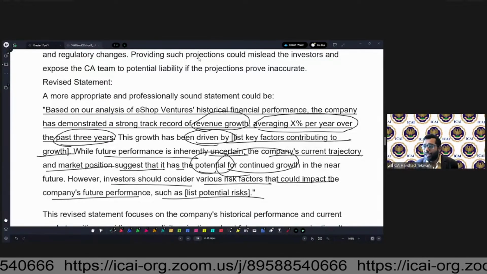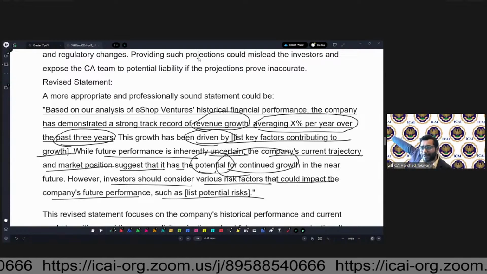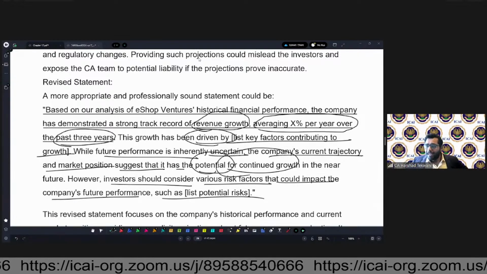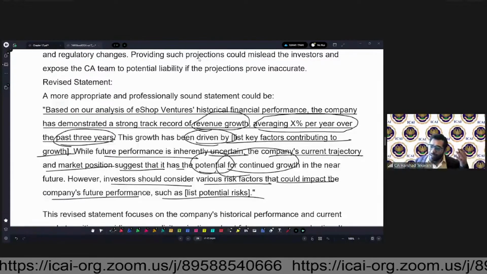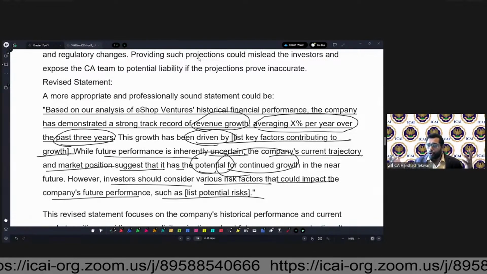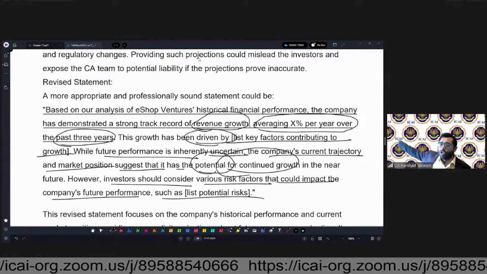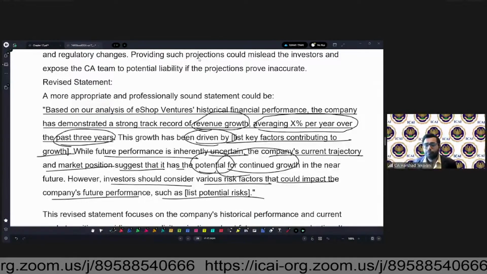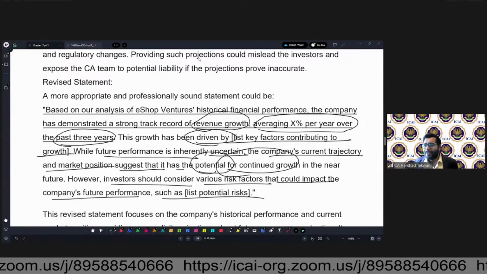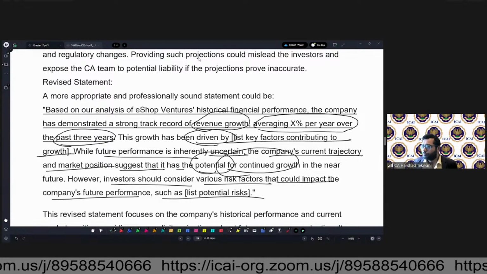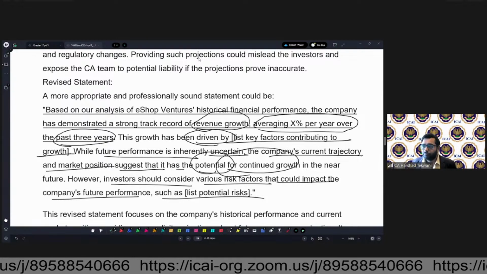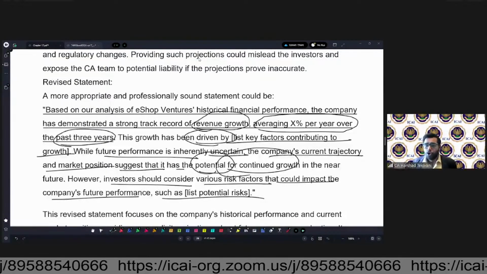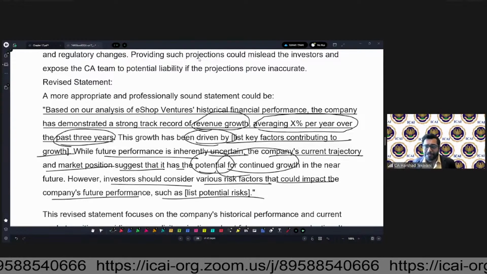So what approach can he take? Can he go for the sample basis, or can he adopt sample testing instead of a 100% approach, or does he have to follow a 100% approach? Anyone? What should he do? Should he take a 100% approach?